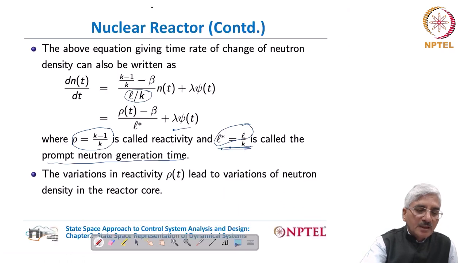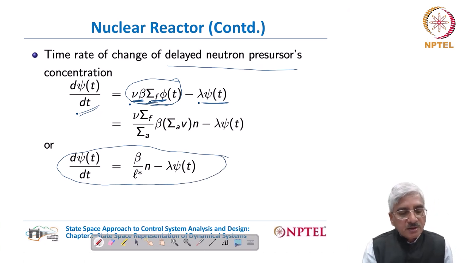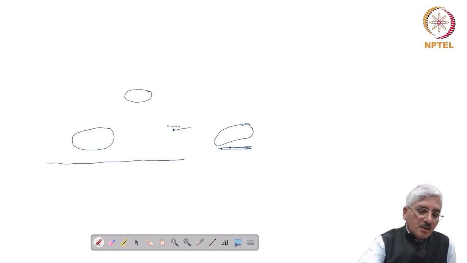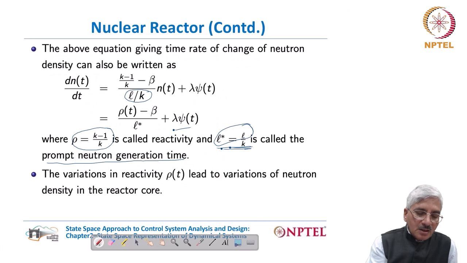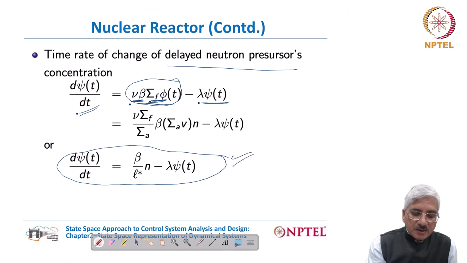Again with the help of that, if we do a little mathematical manipulation, we get this simplified expression for delayed neutron precursors. So with this, we have obtained the mathematical model of the reactor. One is this expression, the other is this expression.